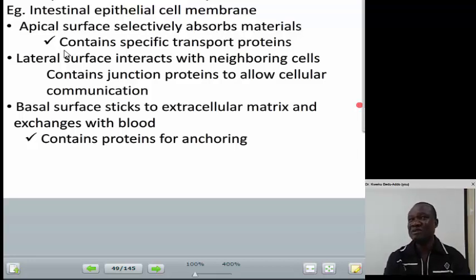Then we went ahead to look at the plasma membrane. We saw that it's a lipid bilayer. It's a mosaic of lipid, protein, and carbohydrates. We saw the various lipids that constitute the lipid bilayer: phospholipids, cholesterol, and glycolipids. Then we saw the proteins.